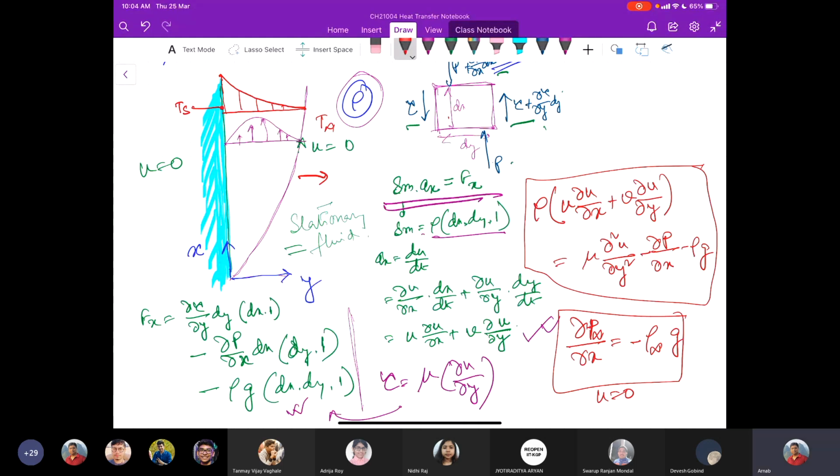Somebody remembers how to calculate the pressure difference between two places? The hydrostatic pressure equation, the variation in hydrostatic pressure in a calm scenario. That simply varies with height, rho g h. Clear? Any question? Any doubt?